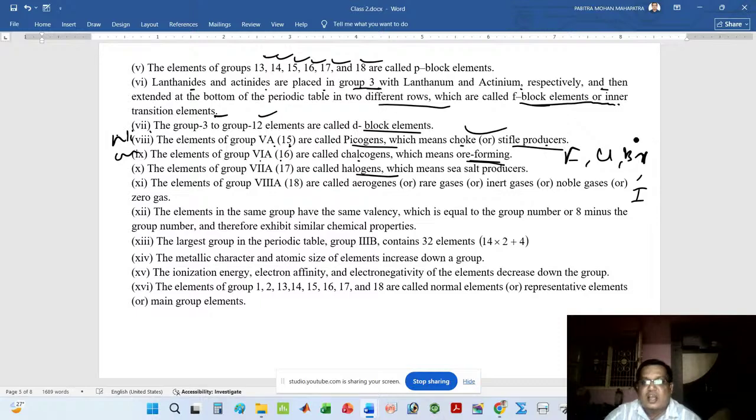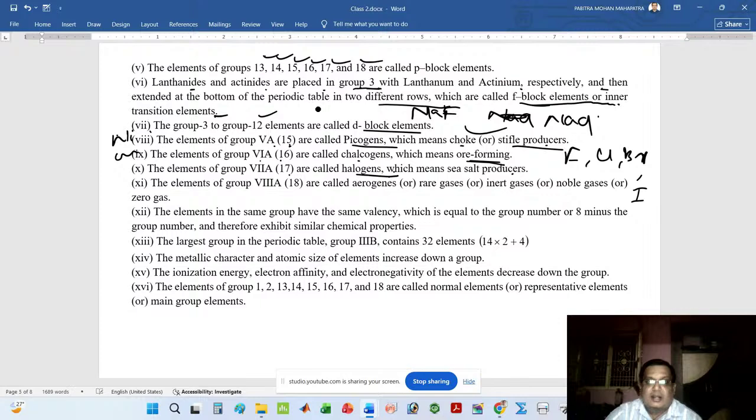I will teach you a funny trick. How will you remember the elements of a group? So group 17 is called halogen. Halogen means sea salt producer. Let me explain. You know the sea salt, that is NaCl. The sea water contains NaCl, NaF, NaBr, KBr like this.